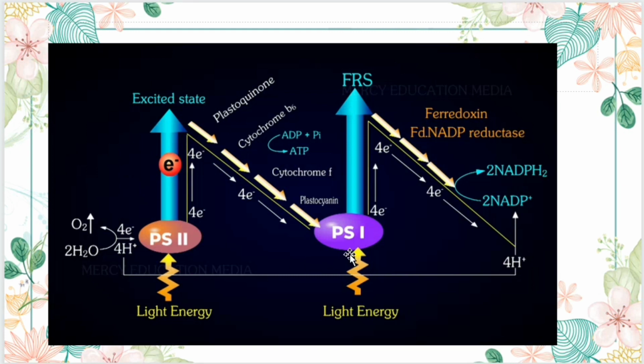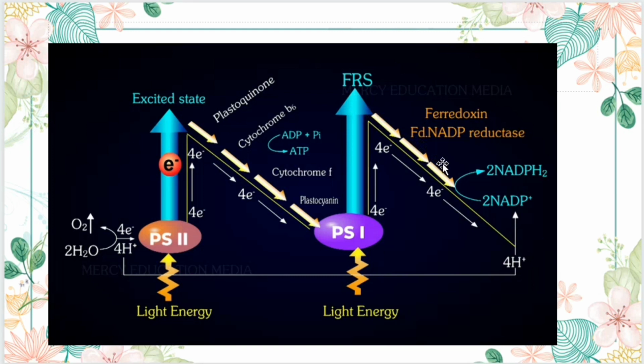Starting with PSI, the light energy will be absorbed by photosystem 1, P680. The electrons will be excited to the FRS. FRS means ferredoxin reducing substance. The ferredoxin reducing substance is an electron carrier.